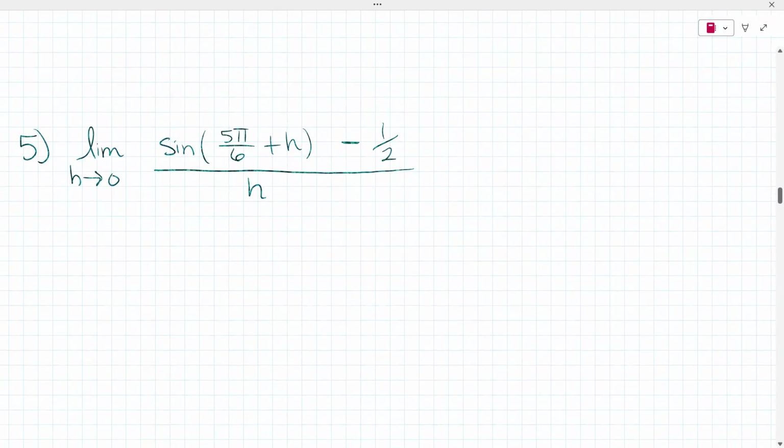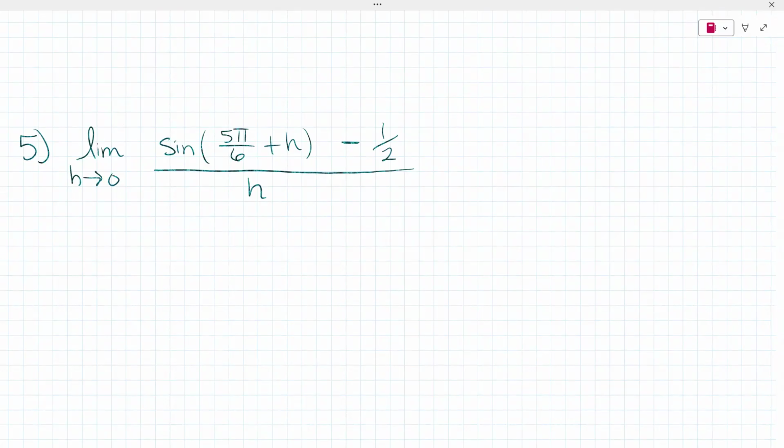Okay, example 5 says, find the limit as h approaches 0 of sine of 5 pi over 6 plus h, minus 1/2, all over h. So what we could do is use L'Hopital's rule. We could also use the limit definition of a derivative.